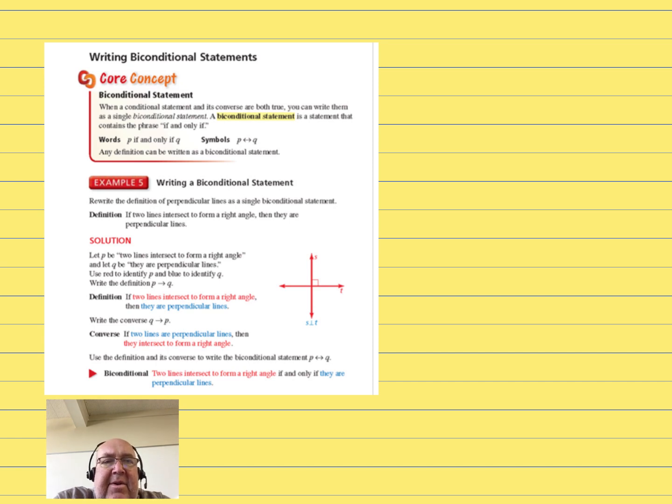And the converse says if two lines are perpendicular, then they intersect to form a right angle. So the biconditional statement is: two lines intersect to form a right angle if and only if they are perpendicular lines.